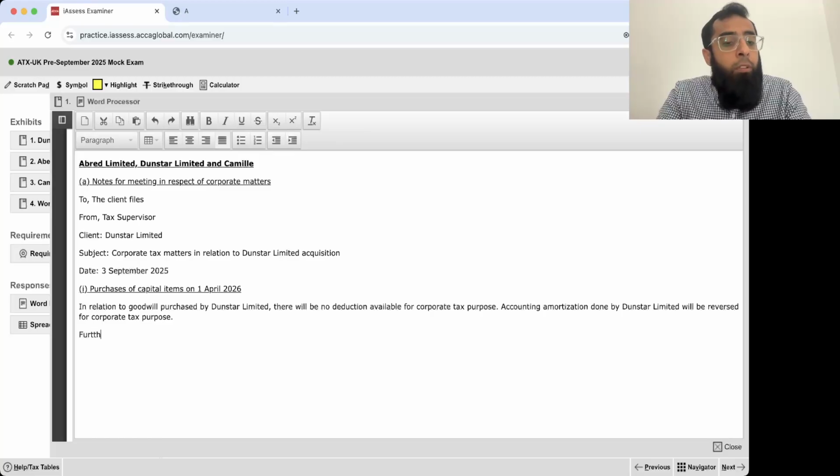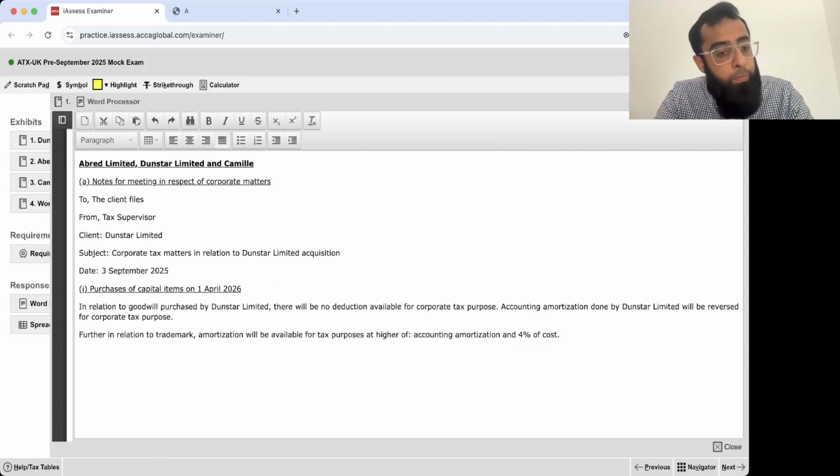Further, in relation to trademark, amortization will be available for tax purposes at the higher of two things: accounting amortization and 4% of cost.